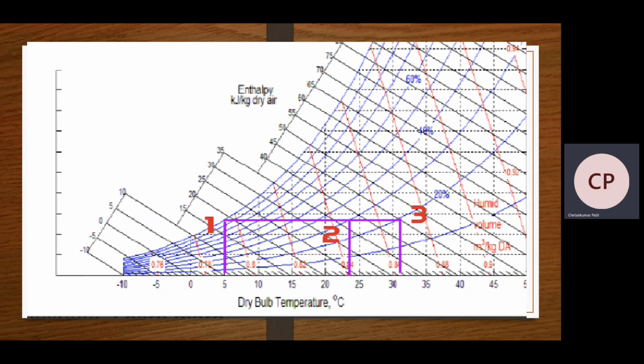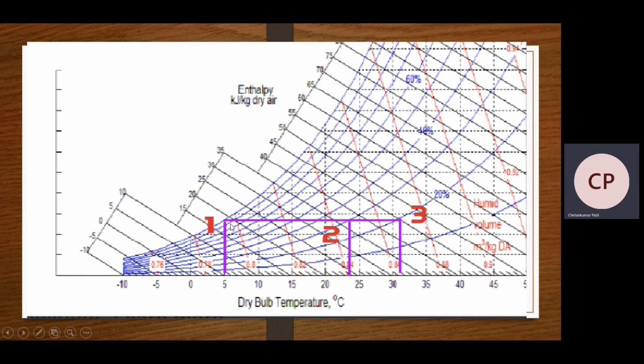Now how to select these 2 points? Now at point 2, the dry bulb temperature is given, that is 24 degrees Celsius. So here is 20 and 25. There are total 5 partitions. So we have to select here the temperature with 24 degrees Celsius. Now when the air is moving from this point 1 to point 3 or point 1 to point 2, the specific humidity remains constant.